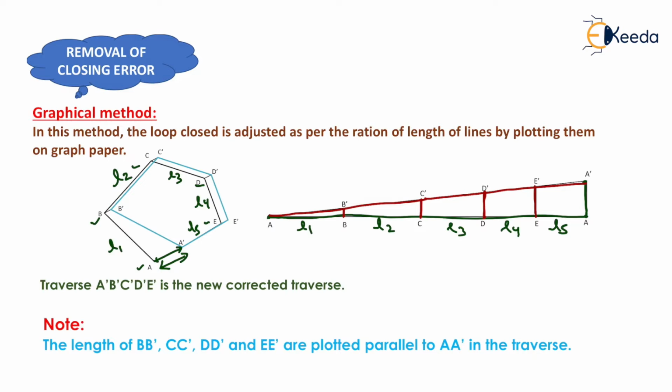Okay, and we will draw the line from station B in the inward direction, because from A the A dash is in inward direction, and we will keep the slope same as that of AA dash in BB dash, in CC dash, in DD dash and in EE dash.